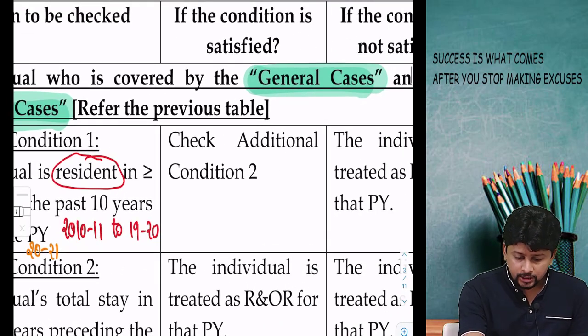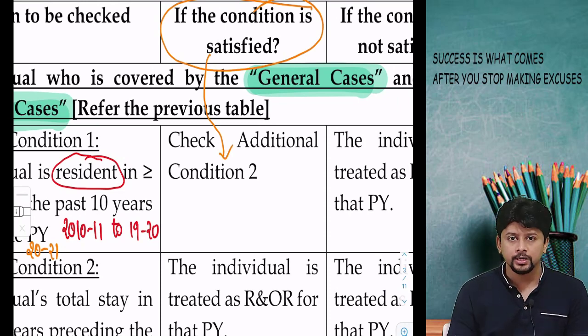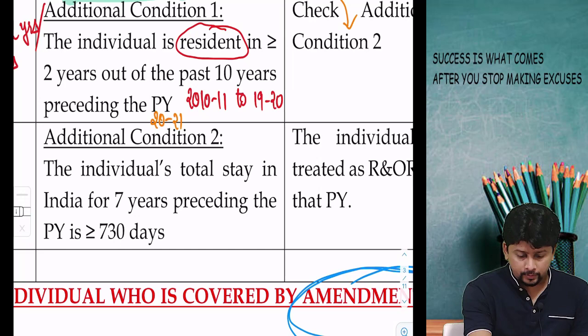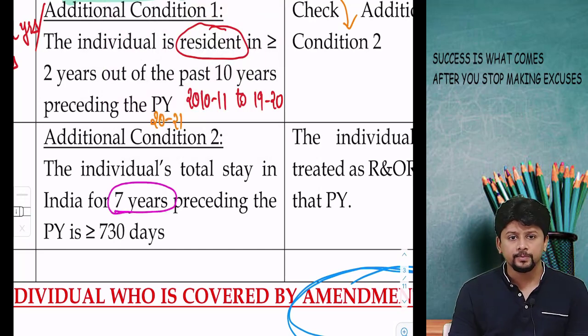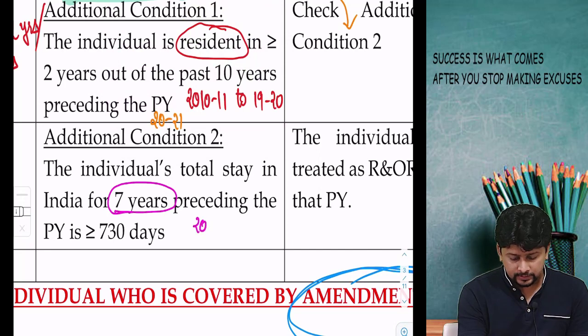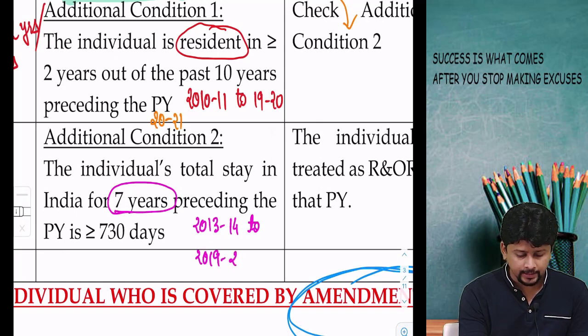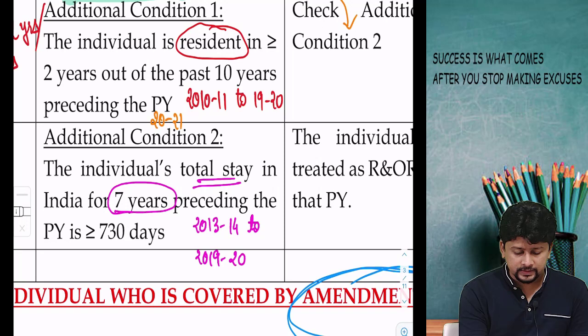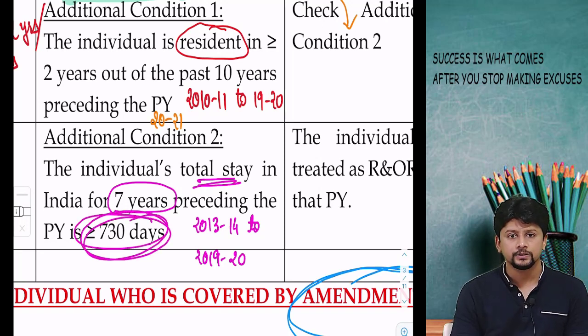Now, if additional condition number 1 is satisfied, we will check additional condition number 2, which says for 7 years preceding the previous year, that means 1314 to 1920, the total stay should be minimum 730 days.